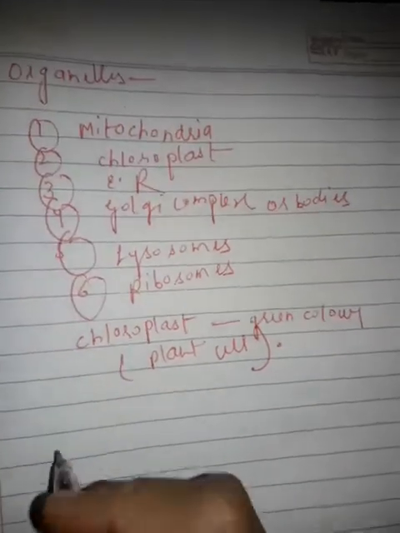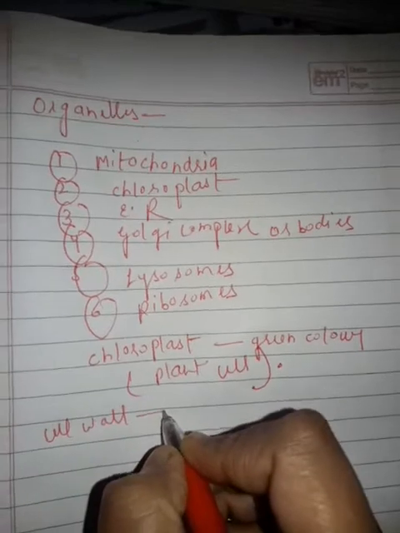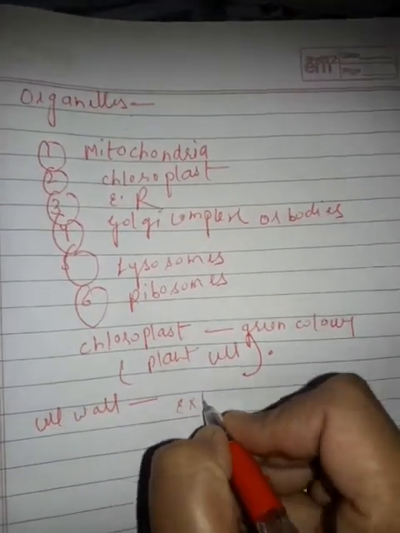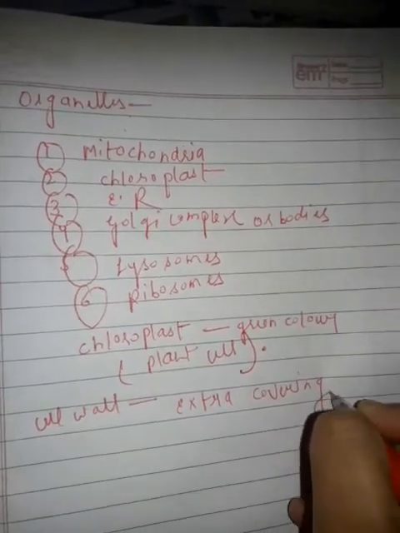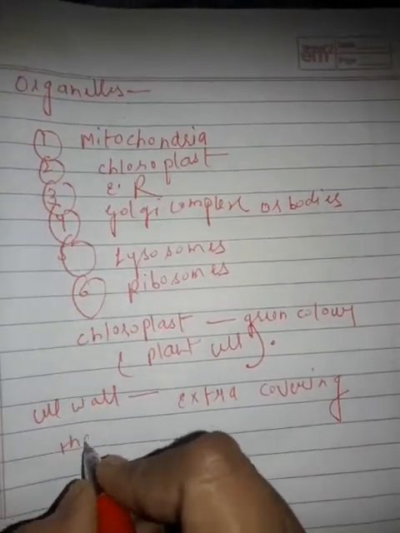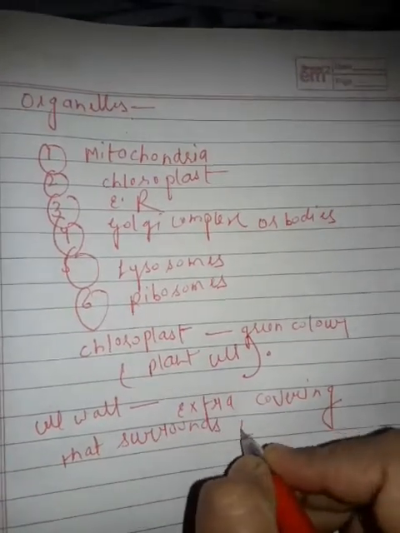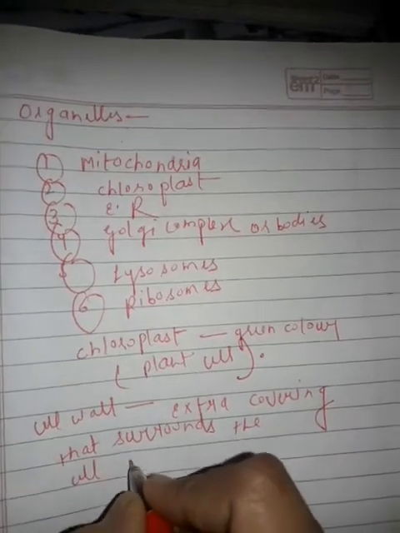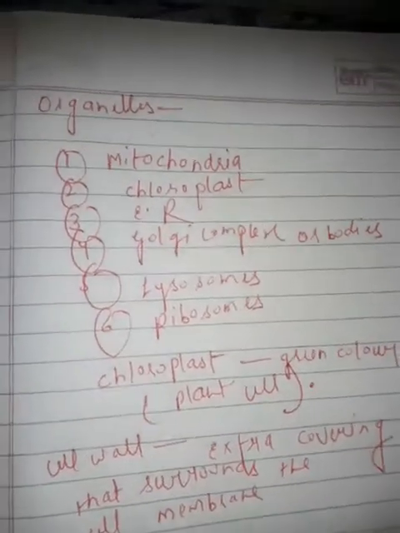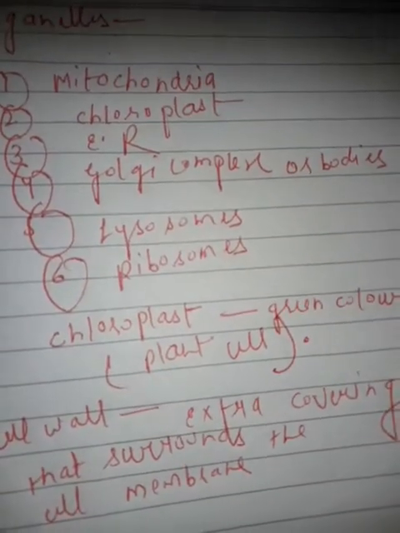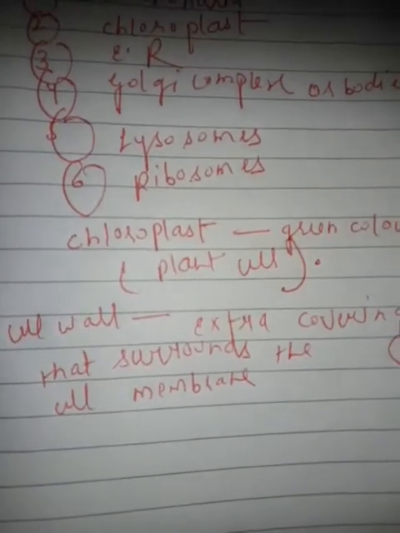First one is the cell wall. What is the cell wall? Cell wall is an extra covering that surrounds the cell membrane, and it is made up of stiff non-living material called cellulose.